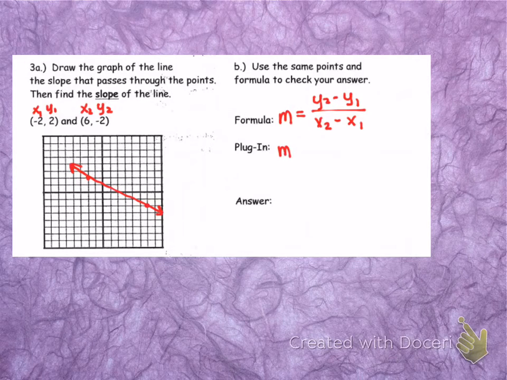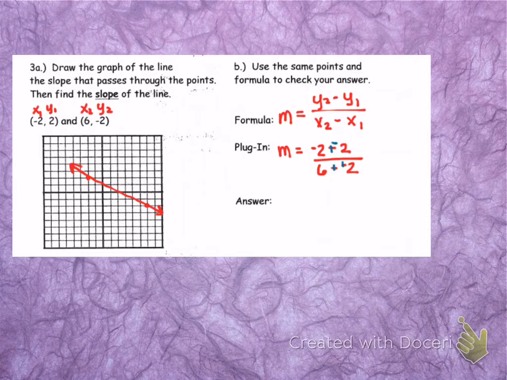So we get m is equal to, and we take our second y value, which is -2, and we subtract our first y value, which was 2, and all of that goes over our second x value, which is 6, and we would subtract our first x value, which is -2. And again, you could go through the arithmetic for that.